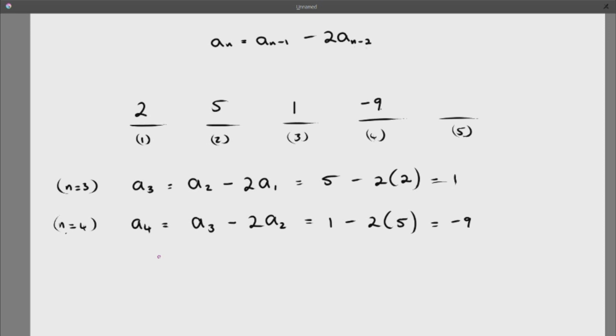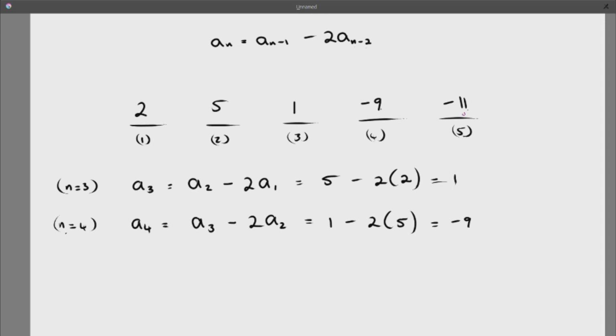I take the one before that, negative 9, and subtract 2 times the one before that, which is 1. So negative 9 minus 2 times 1, negative 11. So you don't have to do a whole thing. Just rephrase the formula in words, and it tells you what to do and how to combine previous numbers.